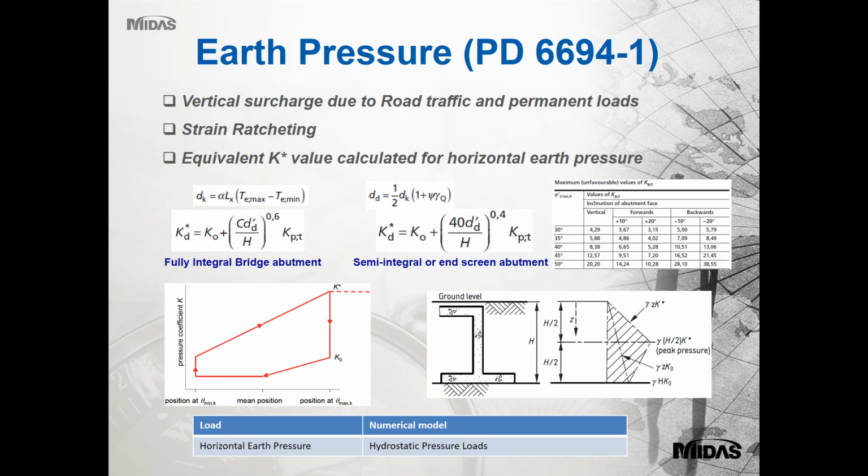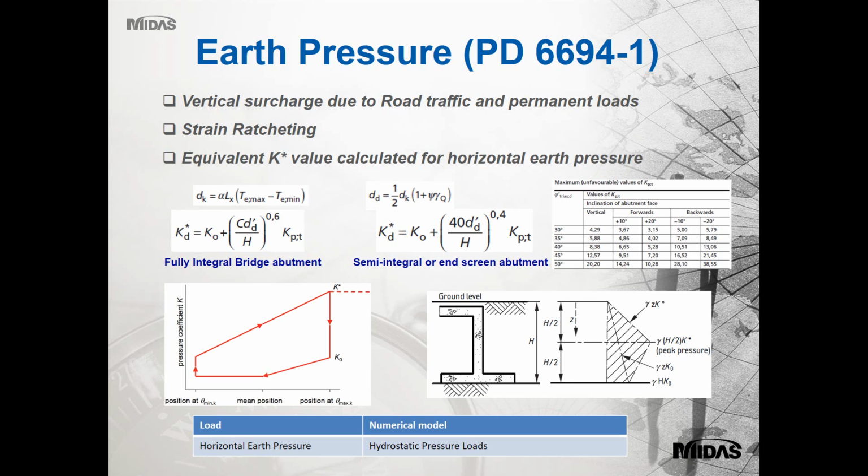What the code has suggested, the published document PD 6694-1, suggests the use of an equivalent K star value, which is an equivalent earth pressure value that can be applied on the abutments directly, and then combine the results with other load cases.